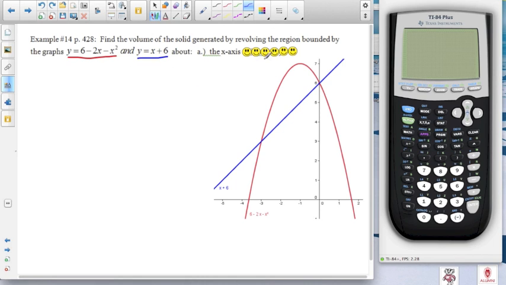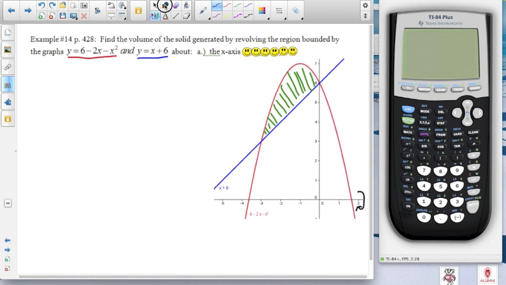And so if we're going to revolve this region that's bounded by these two functions, what we're looking at is that region that is created as a result of those two functions intersecting, which is this green region here. And if we revolve that green region about the horizontal axis, you can see that as we revolve this green region, we have this large hole in the center, which is why we call this the washer method.